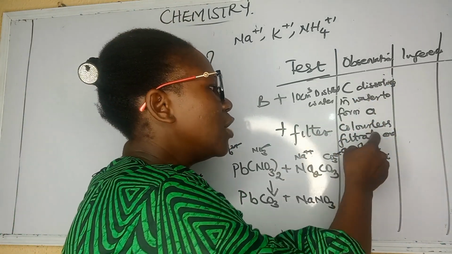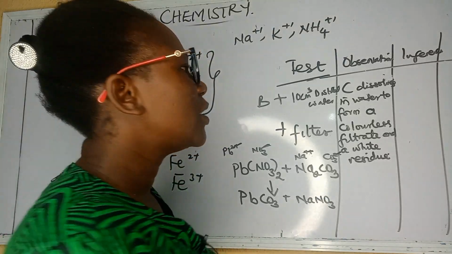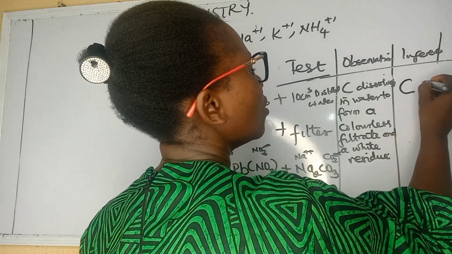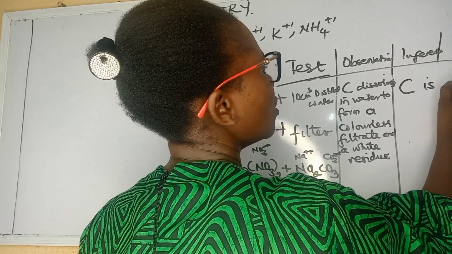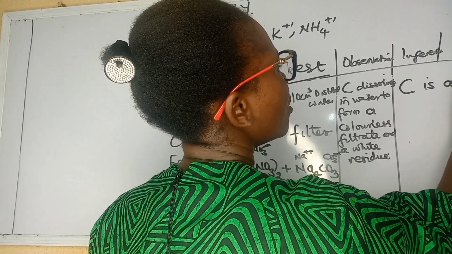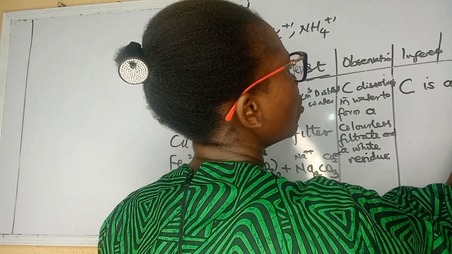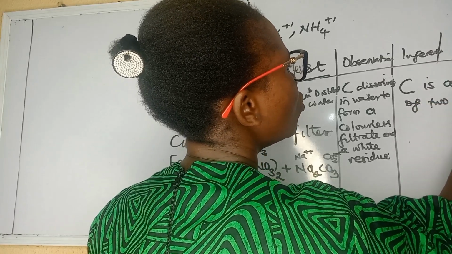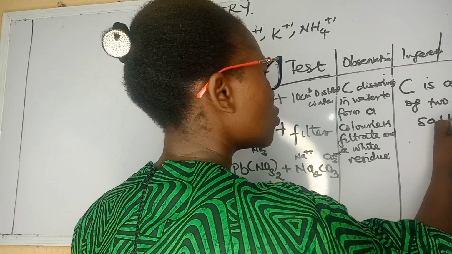When you filter, you will describe the filtrate and the residue. You can now write, okay, C is a mixture of two soluble salts.